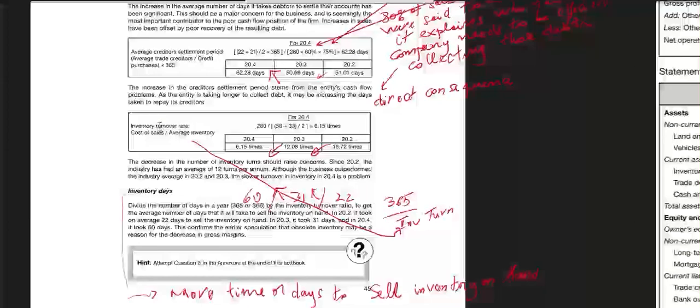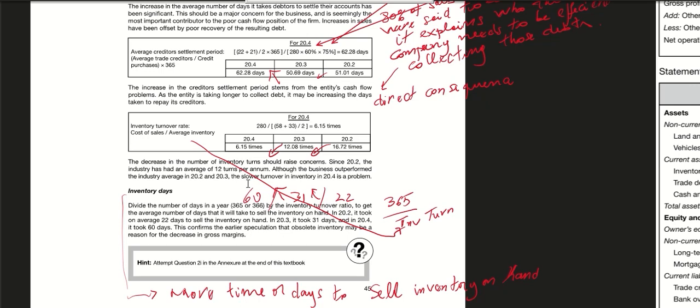When we're looking at the inventory turnover rates, remember, cost of sales divided by the average inventory. You can see that we were provided the average for the industry was 12 turns per annum.